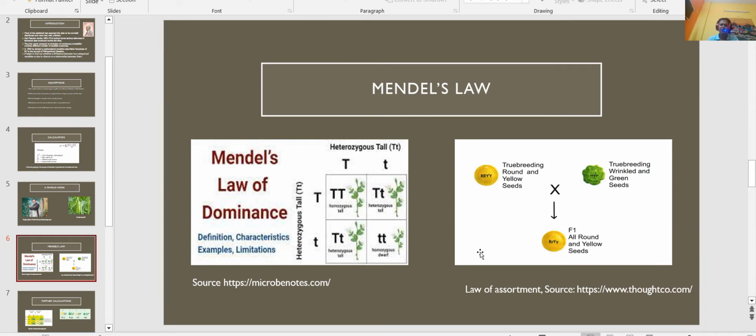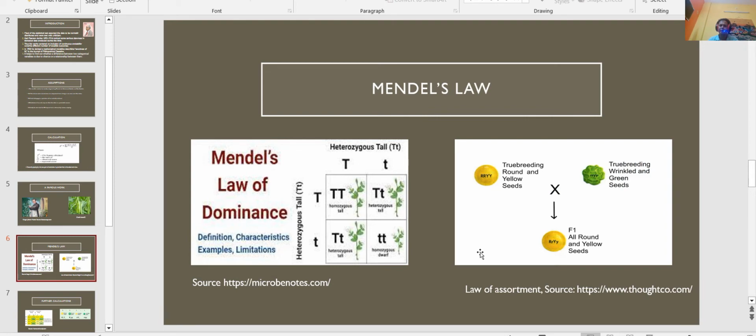When he considered two traits, as in the law of assortment, he took the shape of the pea seeds and their color. He took round as a dominant character and yellow as a dominant character, and crossed with the recessive, that is green and wrinkled, denoted by small r and small y.